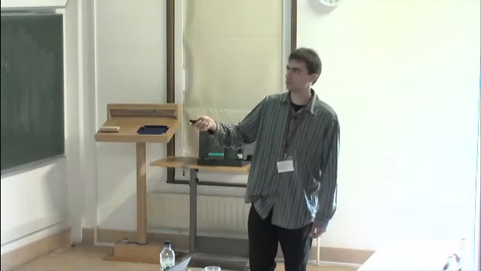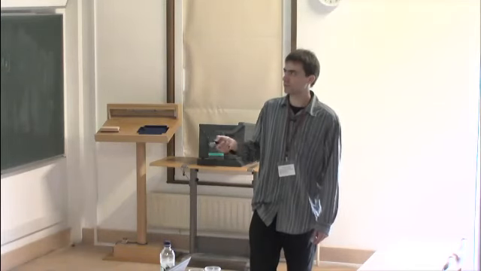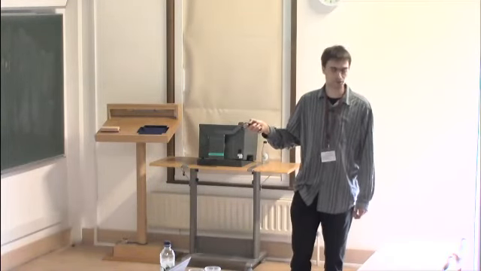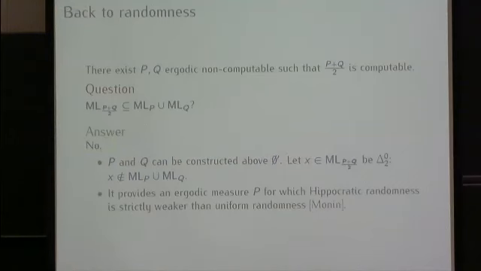And actually the answer now is no, because you can construct P and Q that compute the halting set, but such that the average is computable. So if you take a Delta 2 random for this average measure, then it will not be random with respect to any of the two measures. And it even provides an ergodic measure for which Hippocratic randomness is strictly weaker than usual Martin-Löf randomness.